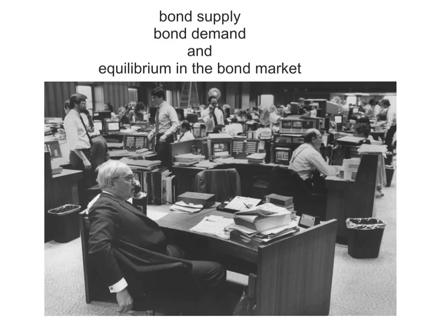We're going to be talking about bond supply, bond demand, and equilibrium in the bond market. We're going to construct a simple demand and supply model to explain why bond prices change and why the return on bonds change, and how considerations of risk affect bonds.